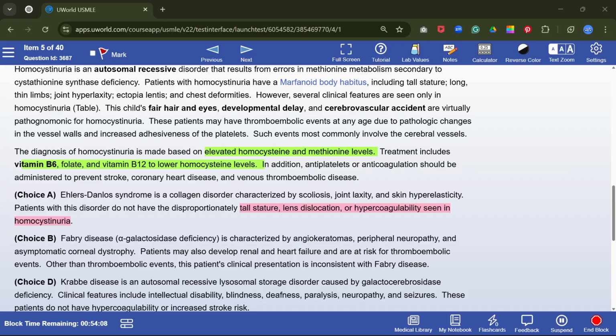So the skin findings and the lens findings are present only in Marfan. These are the features we can use to differentiate between Marfan versus Ehlers-Danlos. This is a very high-yield discussion between Marfan versus homocystinuria versus classic Ehlers-Danlos. Hope you enjoy.